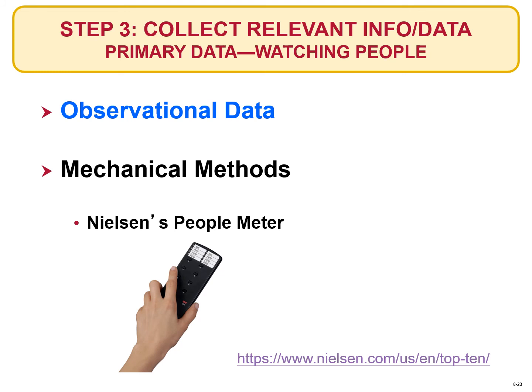So it's really a box that's attached to a TV, or cable box, or satellite dish, that basically captures what people are watching. If you're interested, you can go on this website that's shown here, Nielsen.com, and you can search for top 10. You can just use that URL exactly like it shows in here, and it's going to tell you the top 10 programs that are watched by people in the US. So that's a mechanical method to observe what people are watching.